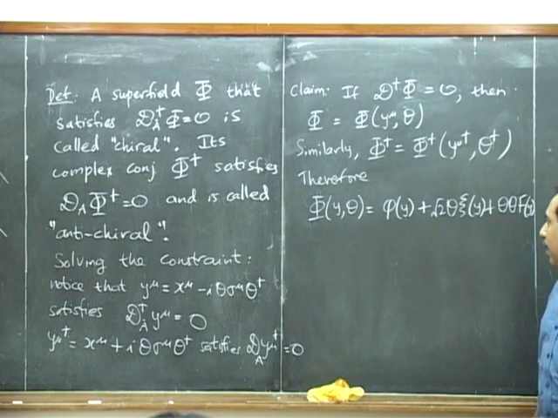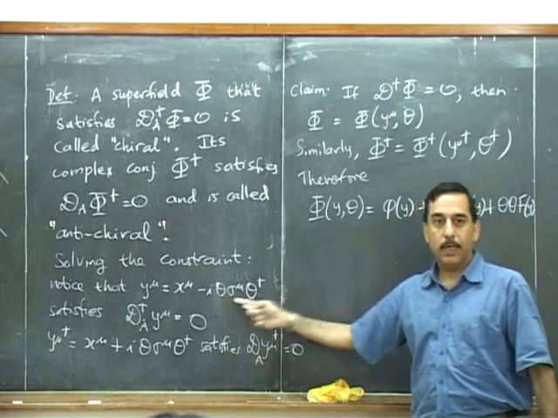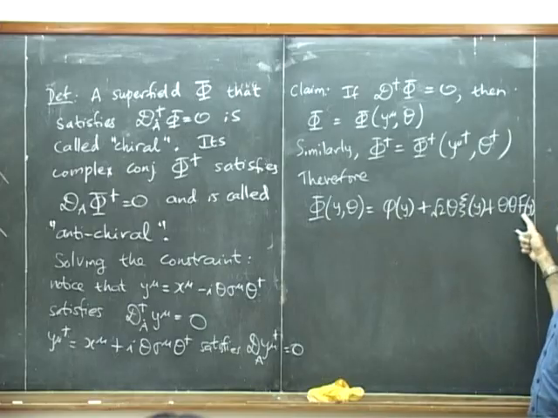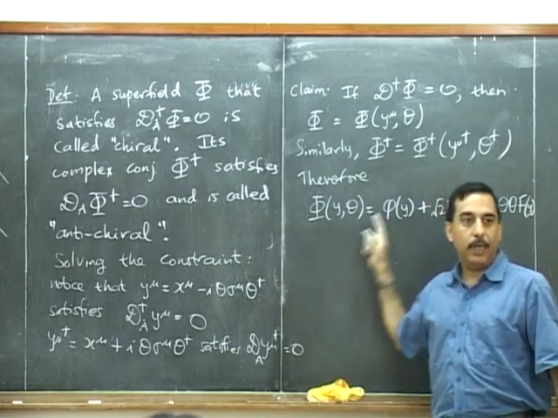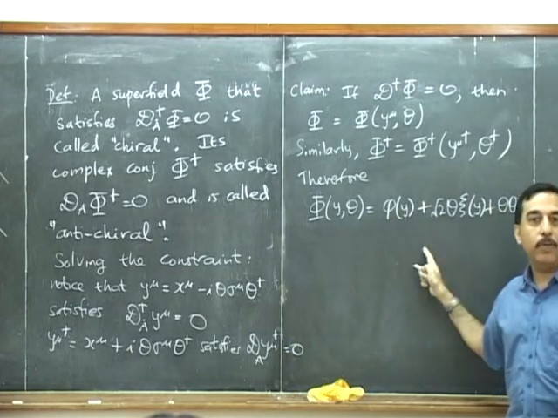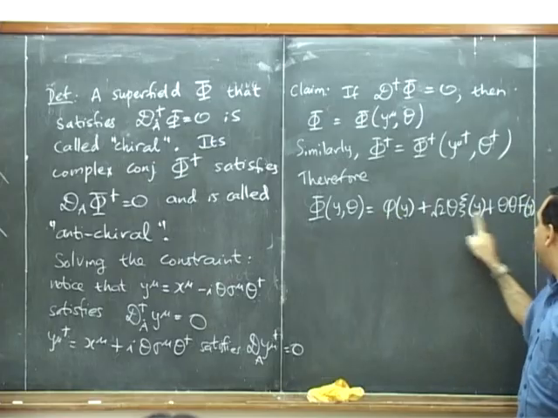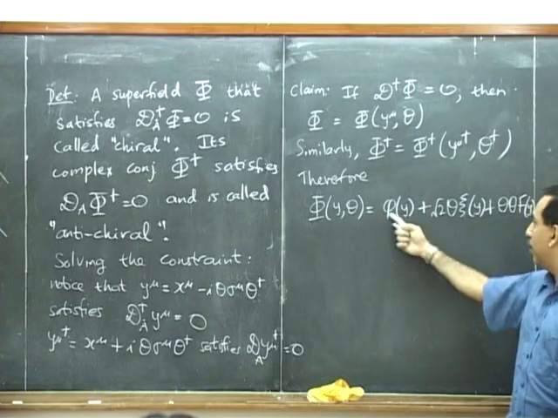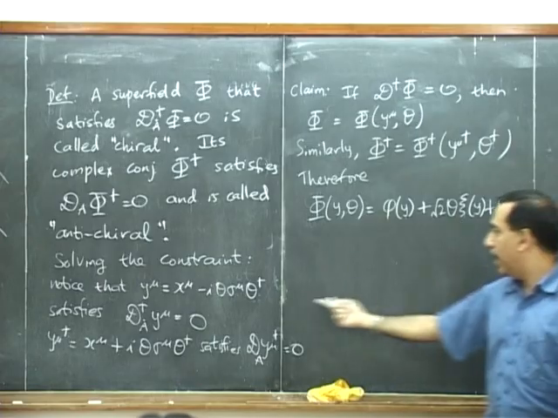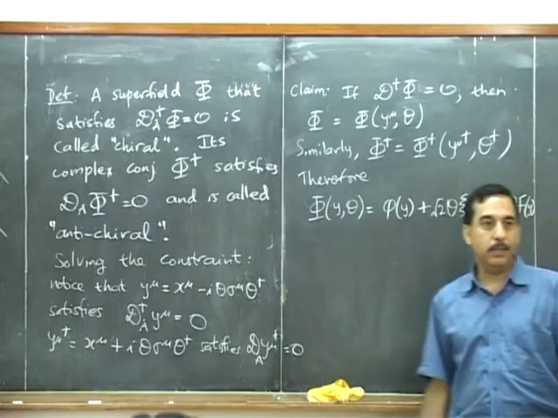In fact, we can see that right away, because now if I insert that y is this, then I can expand out phi, psi and f as functions of x and theta, and I'll get a few more terms, but I won't get any more fields in this theory. The independent fields are phi, psi and f. There are no more independent fields. If I expand out these as functions of y, I'll get these coefficients times derivatives of the original fields.